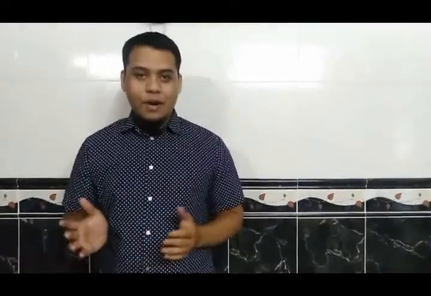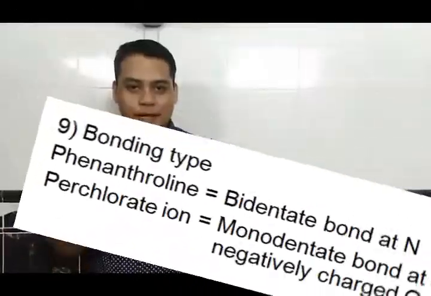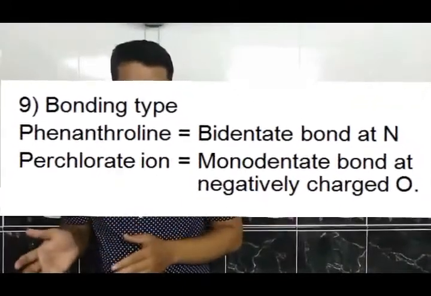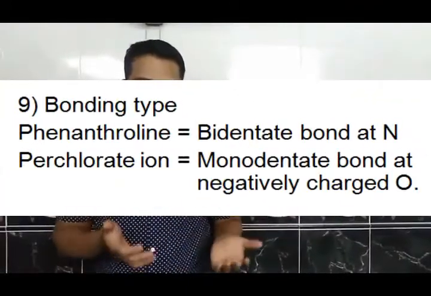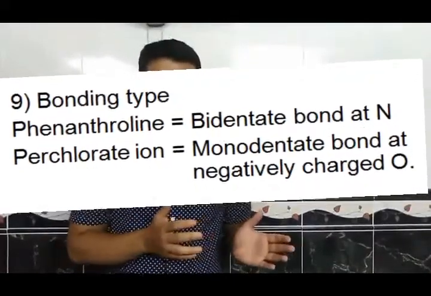Perchlorate ion will form a monodentate bond to a central metal, while phenanthroline will form a bidentate bond to a central metal. In detail, perchlorate ion will form a monodentate bond at the O atom, while phenanthroline will form a bidentate bond at the N atom.